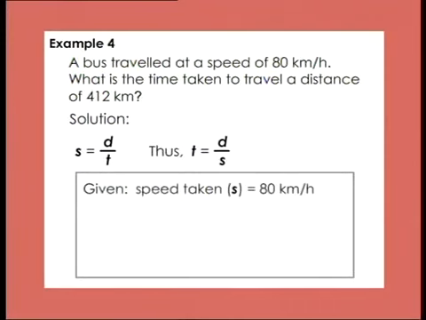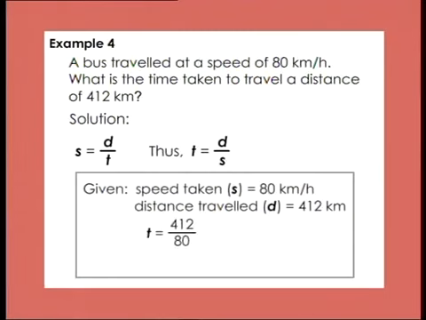Given speed equals 80 kilometers per hour and distance traveled equals 412 kilometers. Thus, t equals 412 over 80 equals 5.15 hours. Thus, time taken is 5.15 hours.